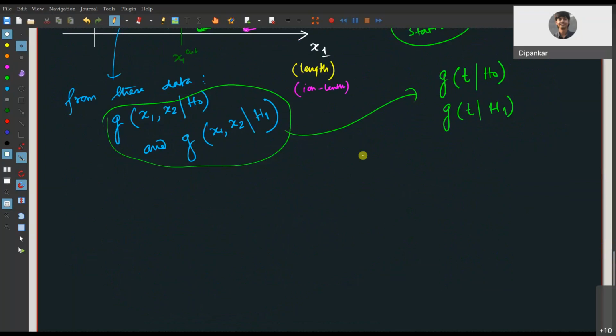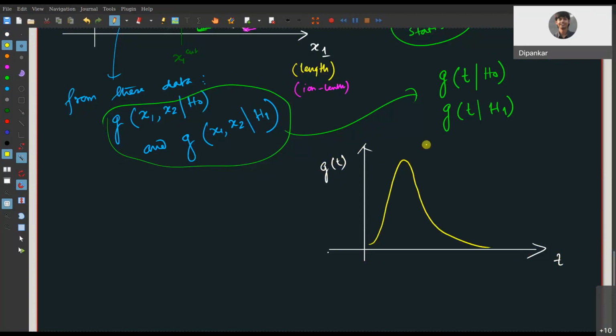So you again have now the same situation. You are led to the same situation. So once you have configured this, so this is t and this is, let's say, g(t), then one will have, like this, my g(t|H0), and then the other one is, let's say, my g(t|H1).